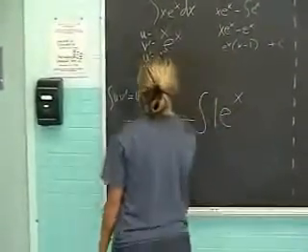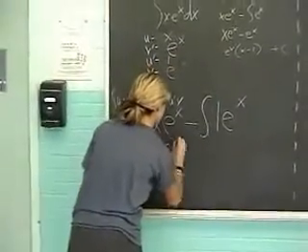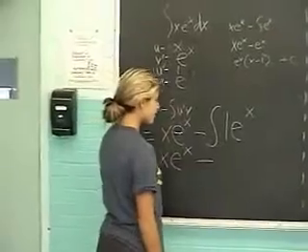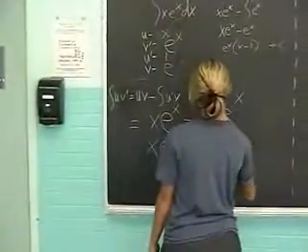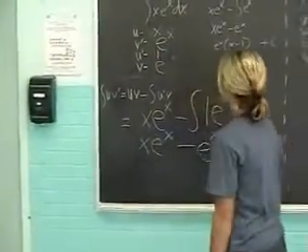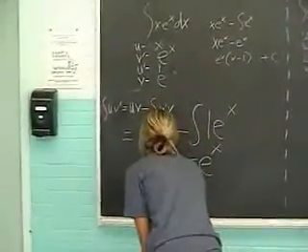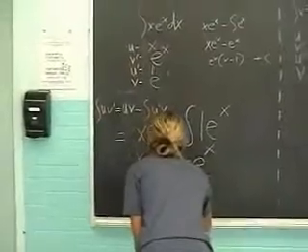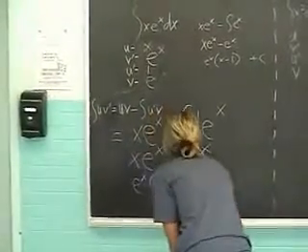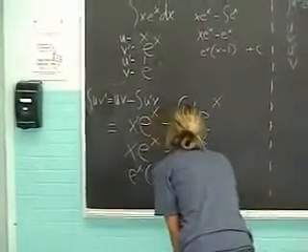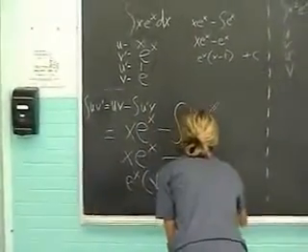So then we just have x e to the x minus the integral of e to the x, which is just e to the x. Then you can take out e to the x and get x minus 1, plus c.